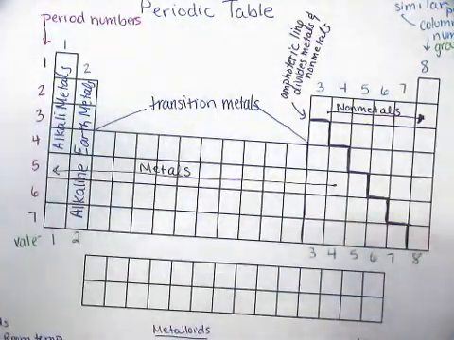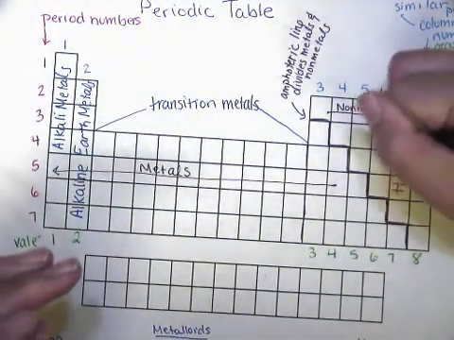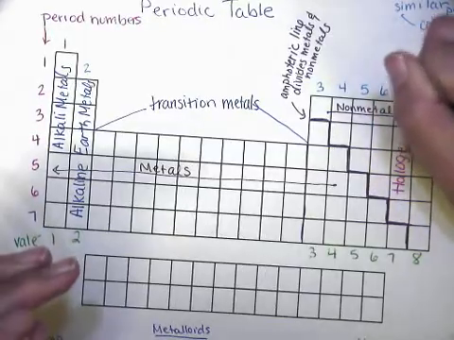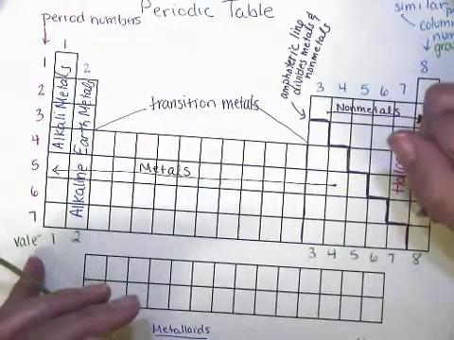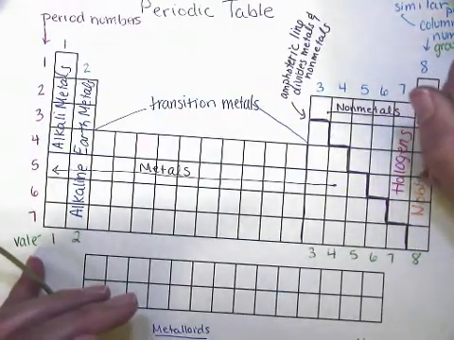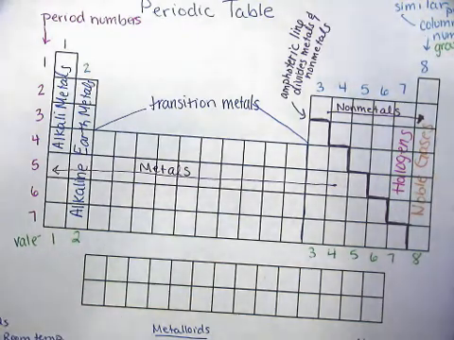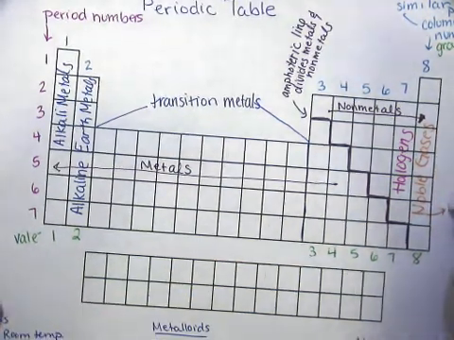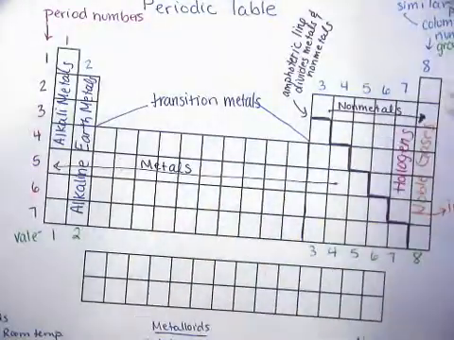Our nonmetals have fancy names as well. Group 7 nonmetals are called halogens. And group 8 nonmetals, we've talked about once already, are noble gases. These are completely inert. So noble gases are inert. They're not going to react with anything.